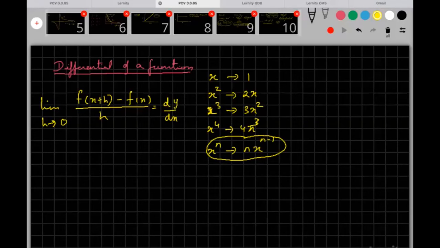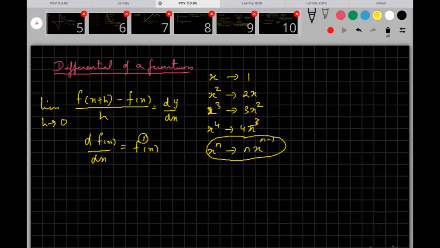Mathematicians don't want to write words, they just want to write symbols. So it is written as dy by dx, or it is written as df of x by dx. Y is f of x, so it is df of x by dx. These are only symbols, nothing else. This can also be written as f dashed of x.